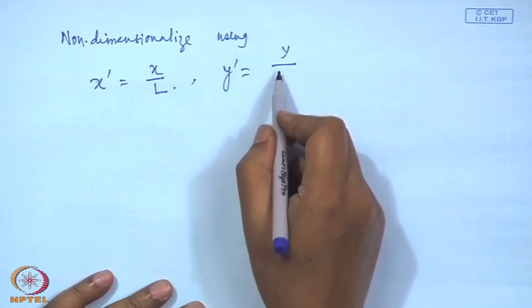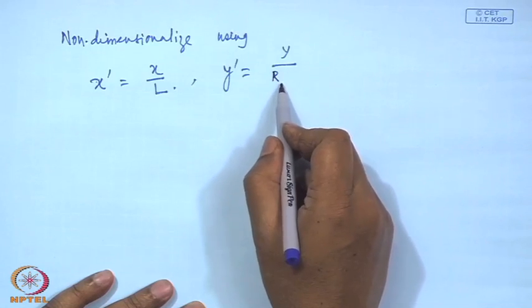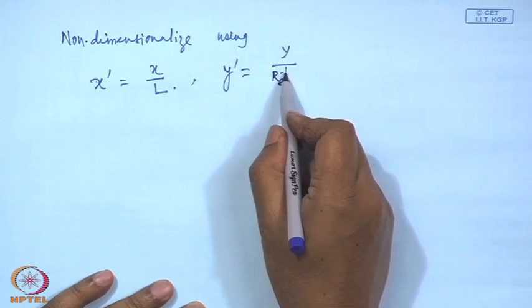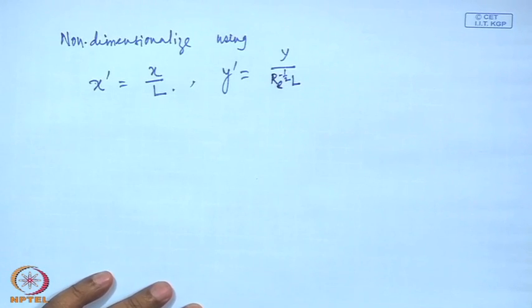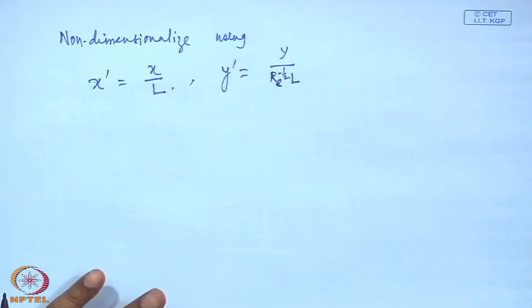So, that is y by delta, where delta is the order of the boundary layer thickness.